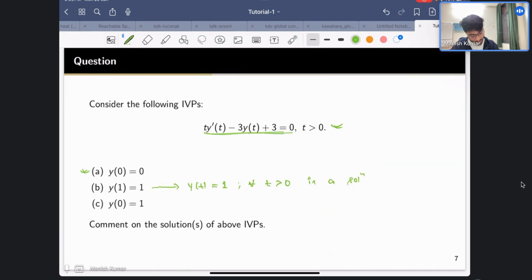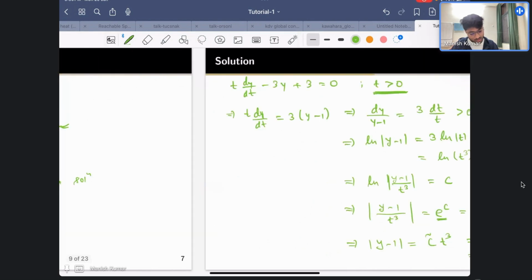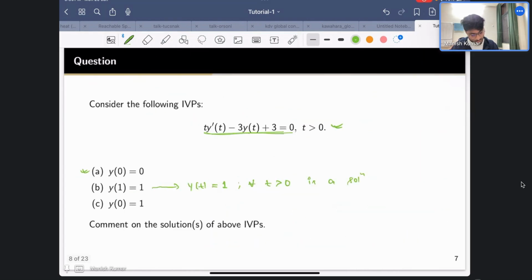Or maybe by some other method we can solve. So y prime equal to 3 by t, let me see it this way: y prime minus 3 by t y plus 3 by t. Now this is a linear differential equation, right?